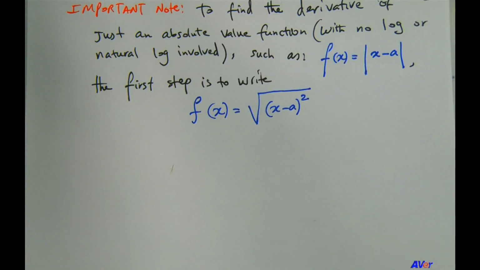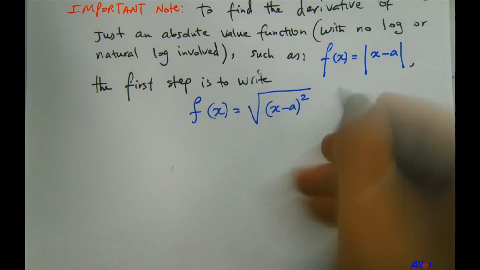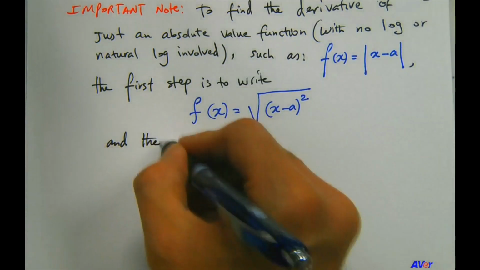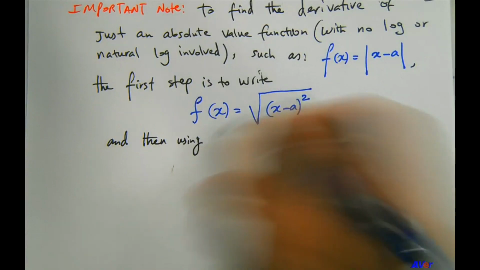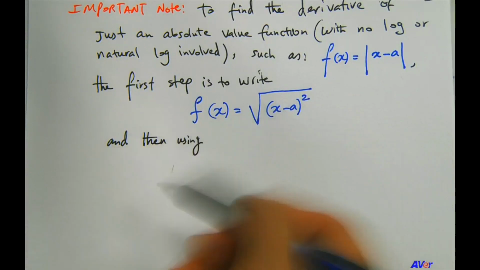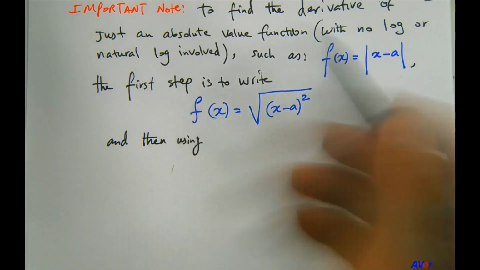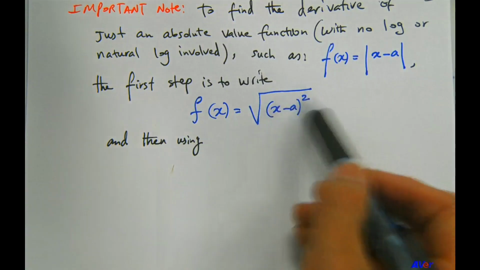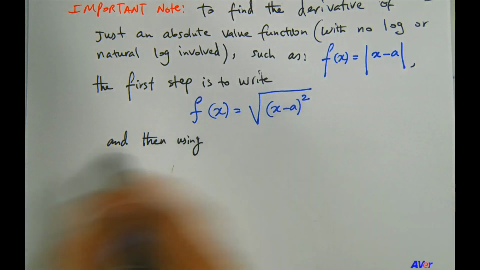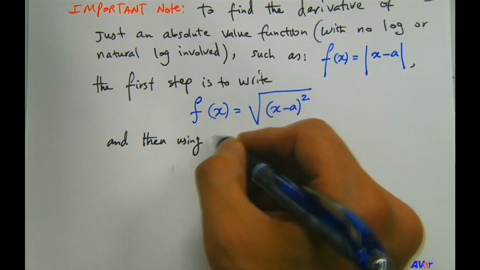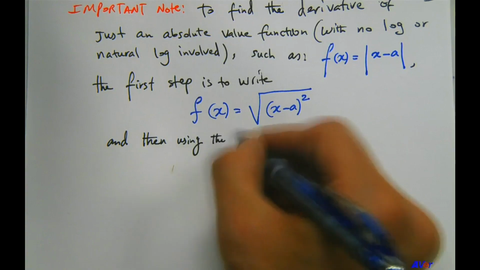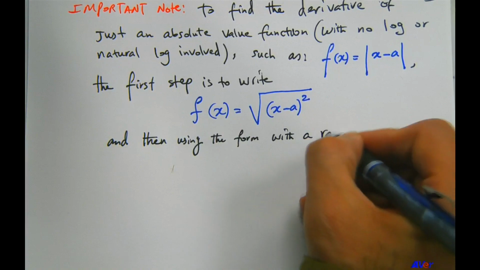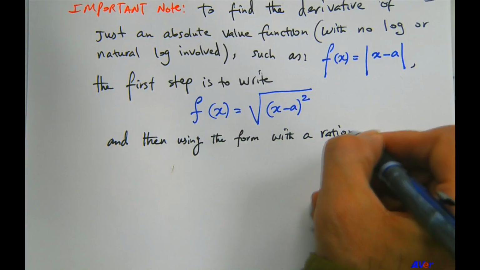So now, using the exponential or power form of this, which has a rational exponent as opposed to this, so then using the form with a rational exponent.